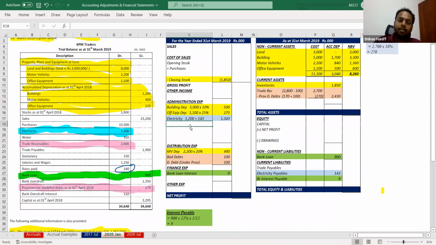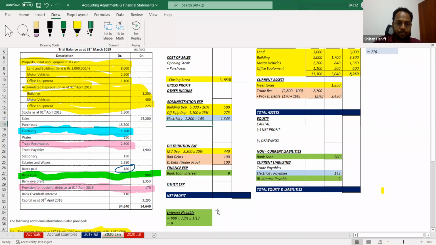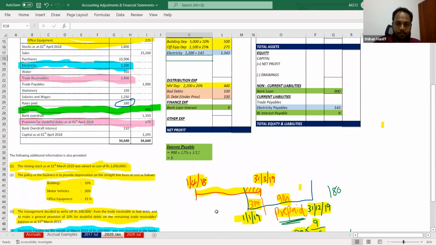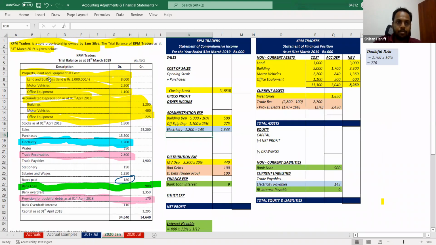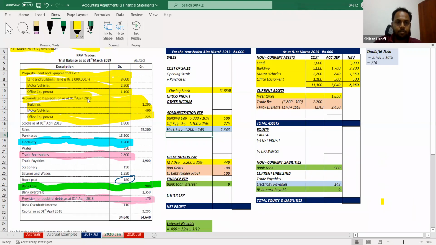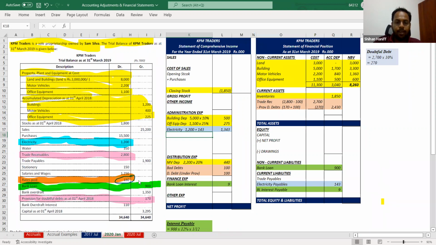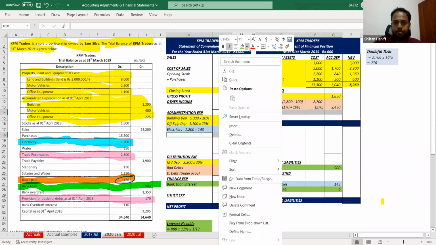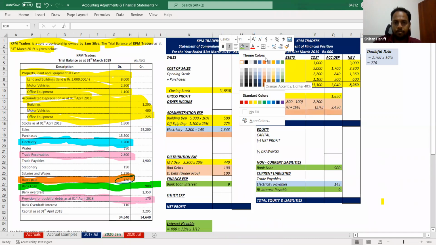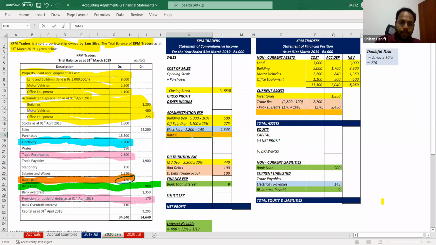Prepayments will be deducted from the expense and taken under current asset. Okay, let's take rates 180.